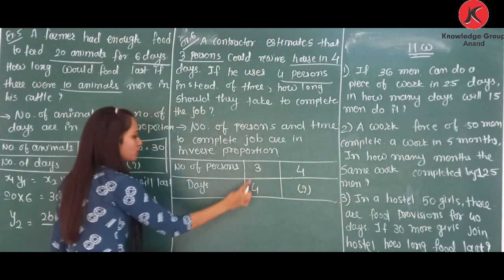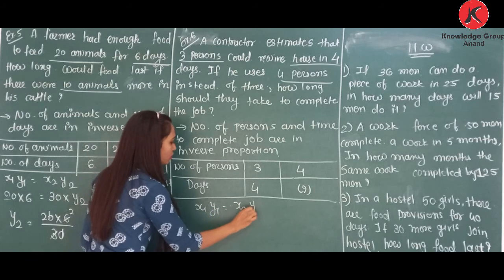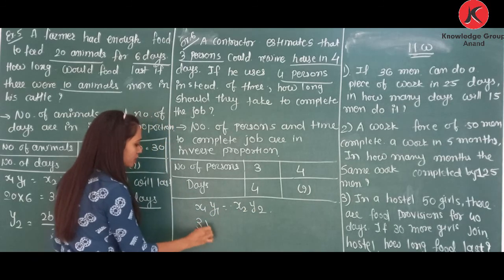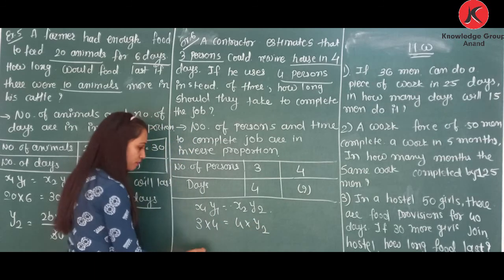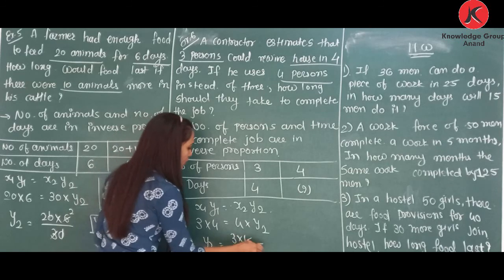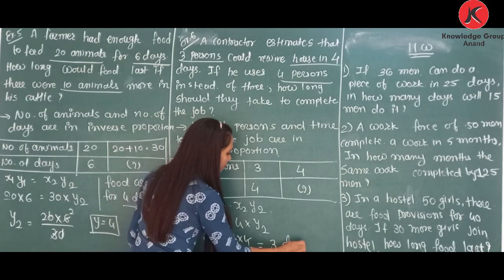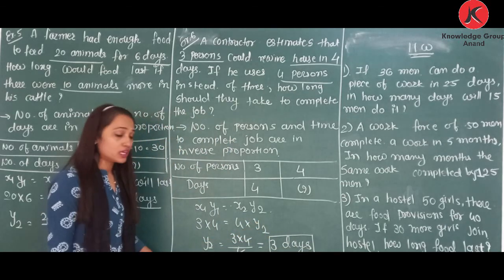So this will be x1 y1, x2 y2. So we can write 3 multiplied 4 is equal to 4 multiplied y2. Take 4 and divide. So 3 days. If 4 persons are working, then it will take 3 days.